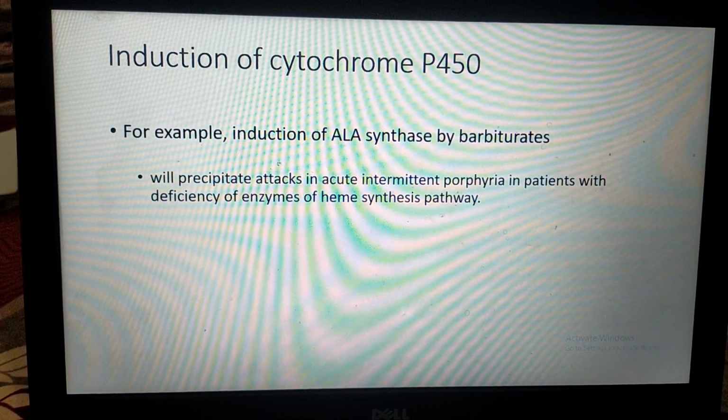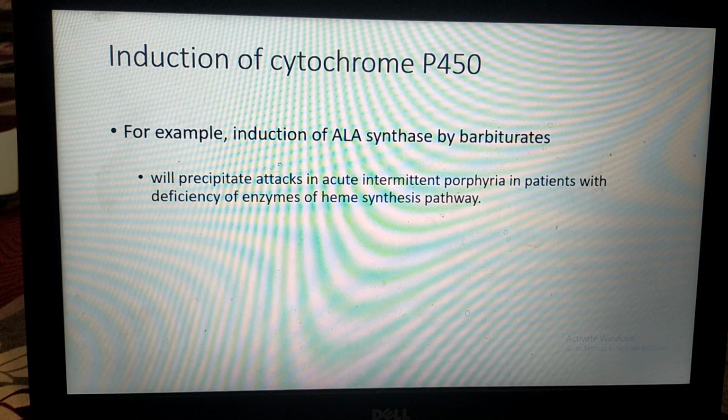Sometimes due to phenobarbital, untoward effects may occur without taking any other drug. For example, phenobarbital or barbiturate induces an enzyme, ALA synthase, delta aminolevulinic acid synthase. Now this enzyme belongs to the heme synthesis pathway.